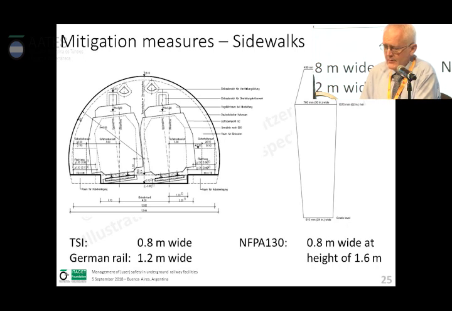For example, according to the European TSI on interoperability, you need to provide 0.8 meter wide walkway, German rail 1.2 meter wide, or NFPA 130 0.8 meter wide along the train and at a height of 1.6 meters, so sort of very similar. This was not the case, let's say, 50 years ago, so there are many tunnels which don't have any walkway.